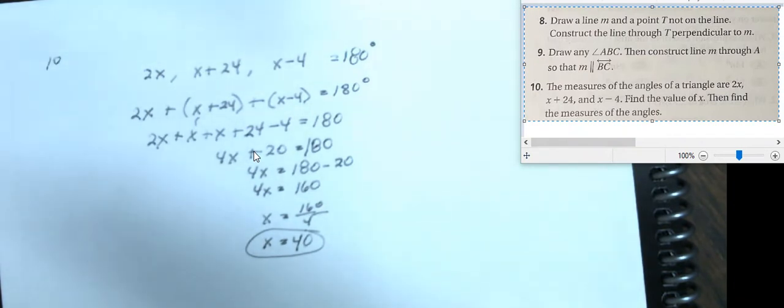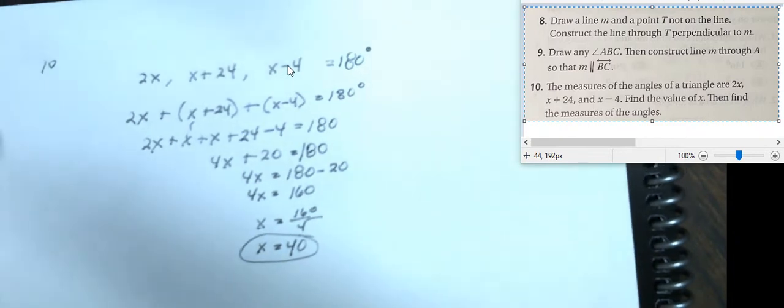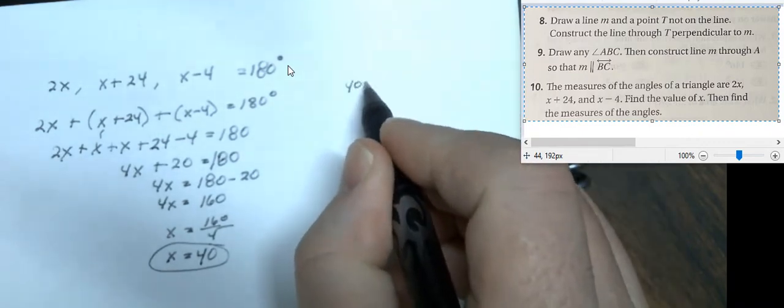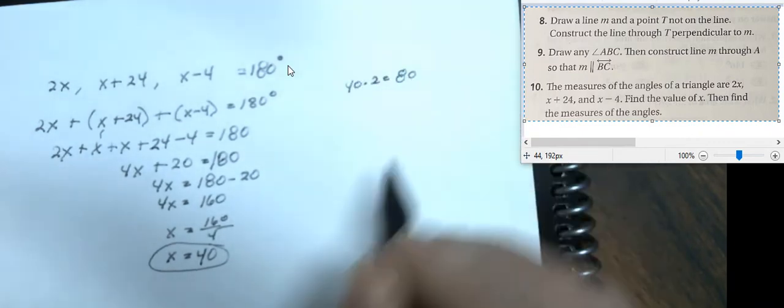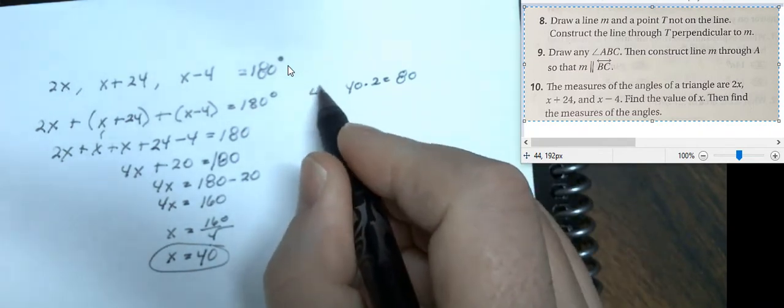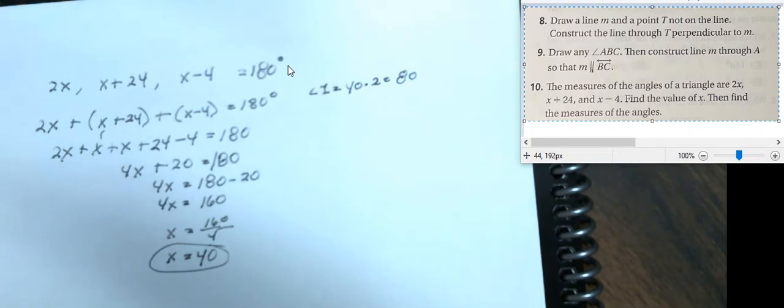Now it does also say find the measures of the angles. Alright, so we would have to just take our value of x and put it into each of these 3 angles. So what we could do is basically go, alright, 40 times 2 equals 80. That's going to be our first angle, so we could say angle 1 equals 80.